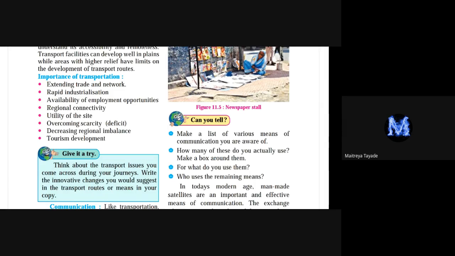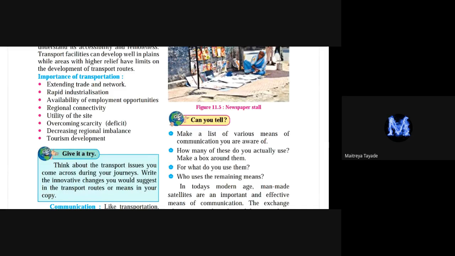Regional connectivity: we can go from one region to another very easily, without any problem, in comfortable conditions. Utility of the site: overcoming scarcity, decreasing regional imbalance, tourism development.